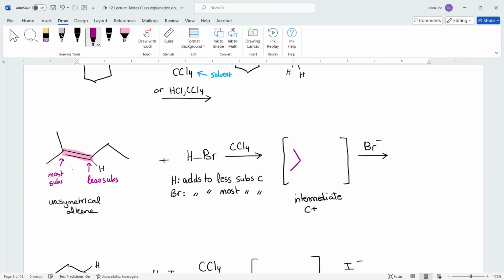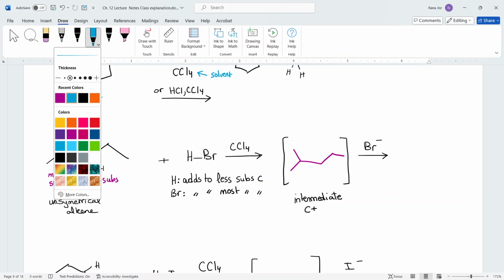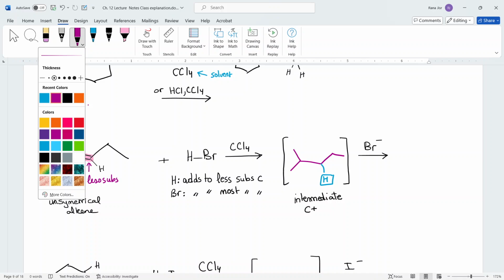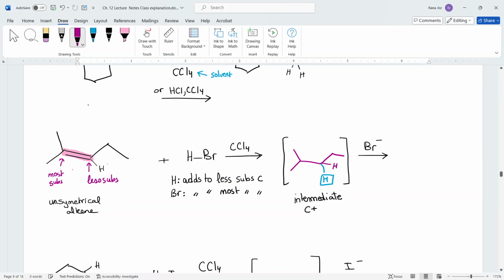So now my hydrogen is going to add over here. I'm going to use another color for the hydrogen here. I already had a hydrogen that was in the structure, but I've just written it, and my plus charge now is going to be on the adjacent carbon. Your addition is between those two carbons because this is where the double bond was.